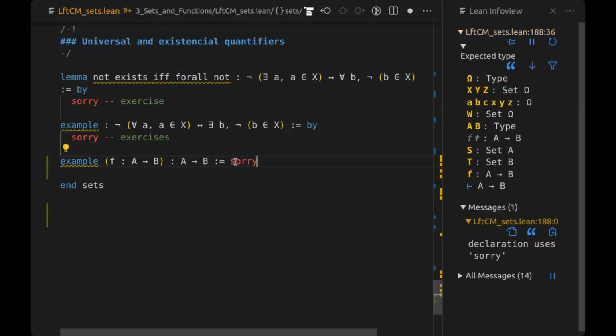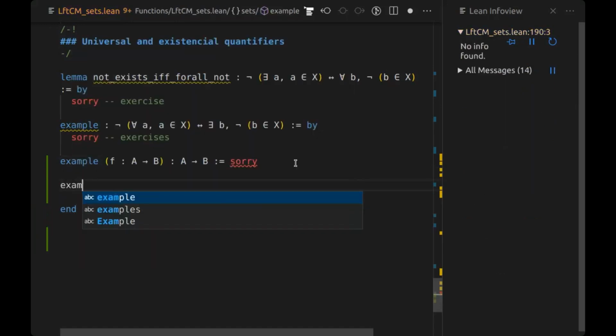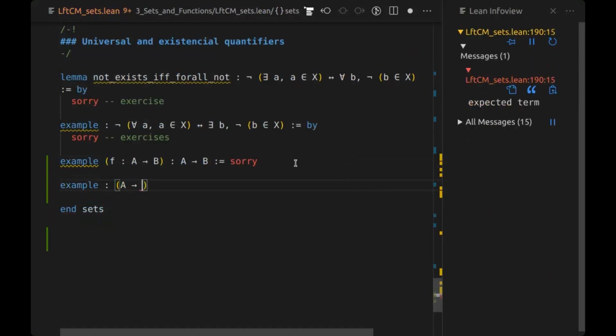This will also take this function f as an argument and produce another function. But you could also just write, this will be equivalent to writing an example, A to B to A to B.